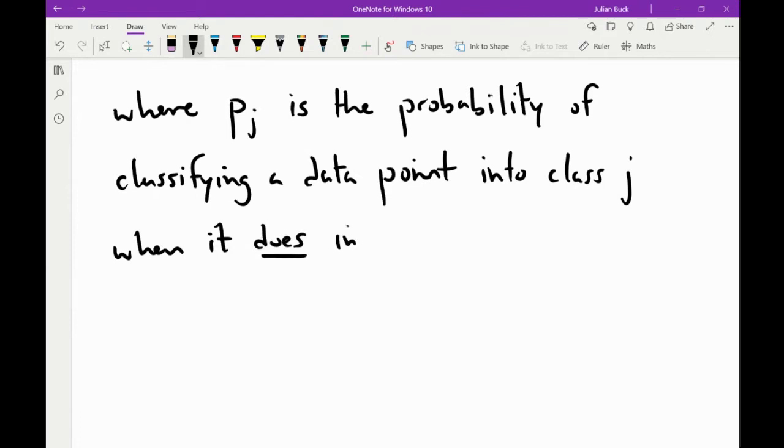So the idea is we're using probabilistic predictions for the classes. Now, let me point out, if you're just predicting to a class, like you say we're doing binary classification and doing majority vote, you can always translate that to a probability.